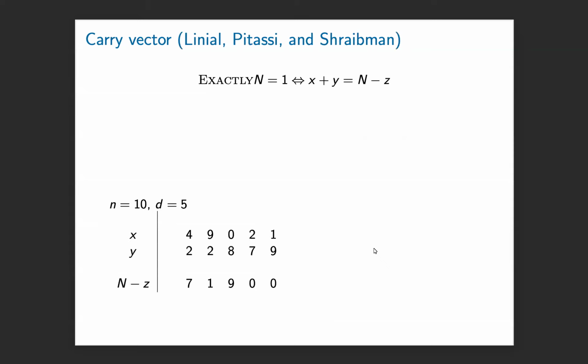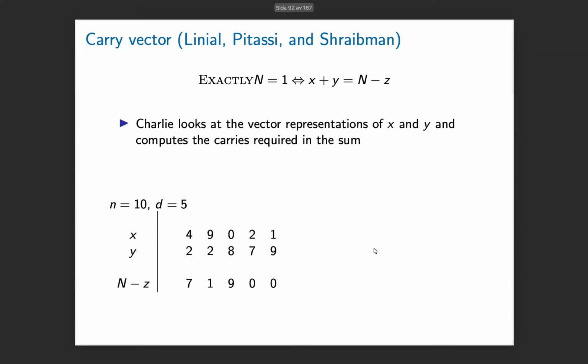So let's see exactly what they do. Remember that we're trying to compare x plus y with n minus z. Charlie, who holds z, can look at the vector representations of x and y, compute their sum through schoolbook addition, and figure out where the carries are required in the sum.